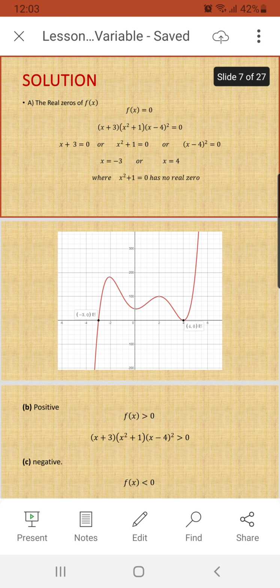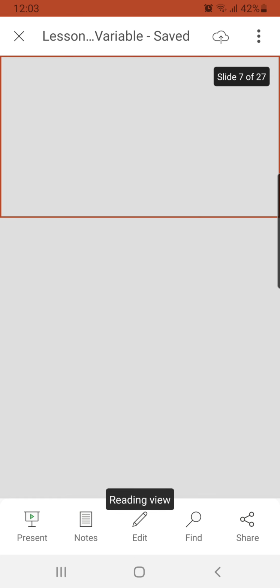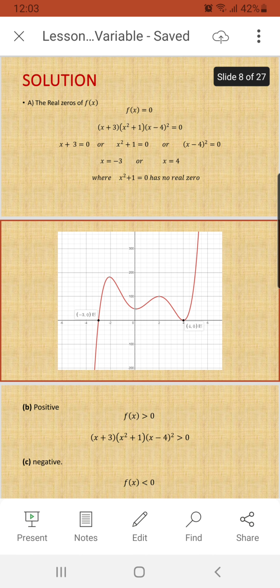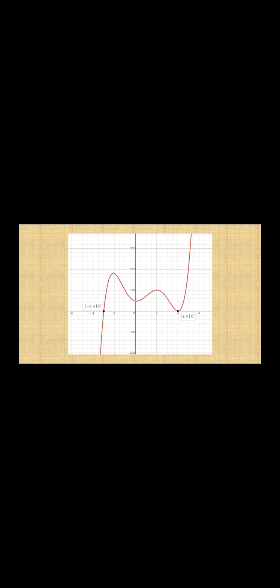And now we can see the graph of this function. Okay, this graph, as we see here, has points of intersection at negative 3 and 4, which are the real zeros, and here we have a part of the graph that lies above.